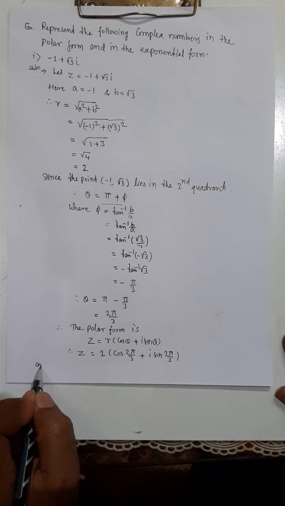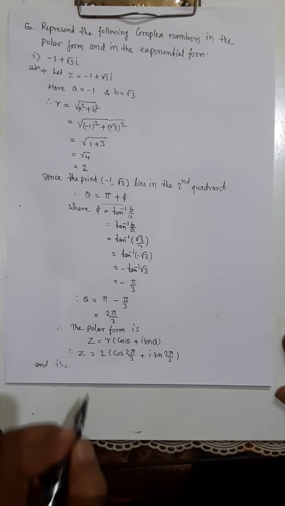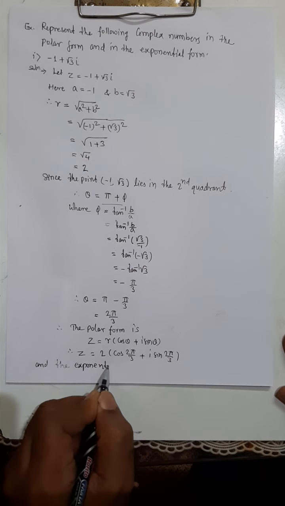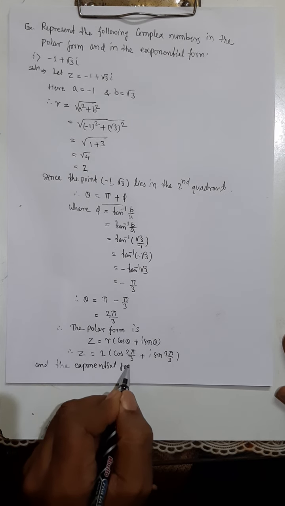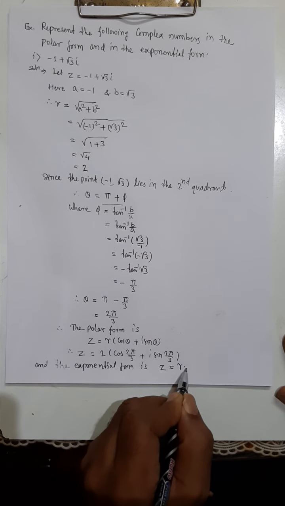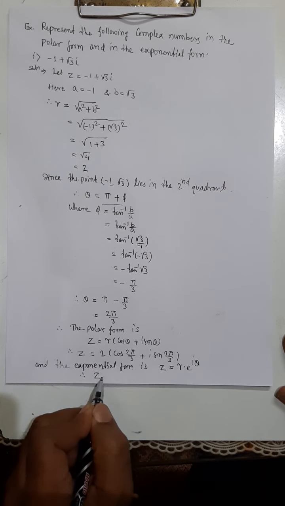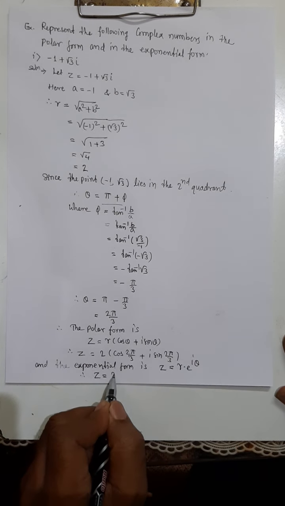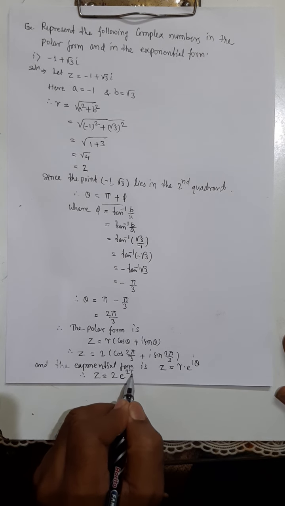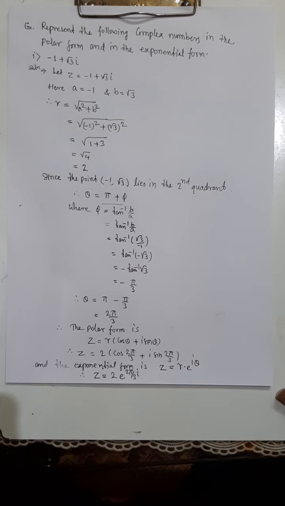And the exponential form: we know the formula z equals r into e to the power i theta, and therefore the exponential form is z equal to 2 e to the power 2 pi divided by 3 i. Solution completed.